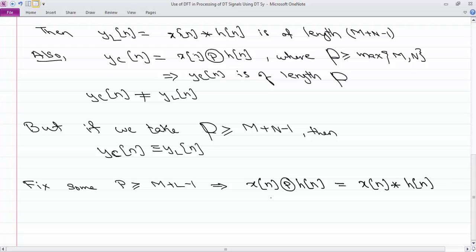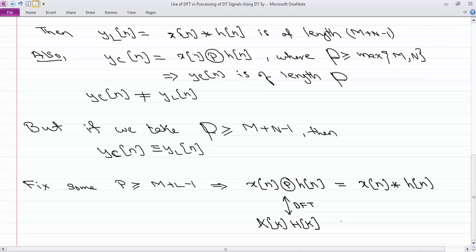And now the question of how we can use DFT for fast computations of linear convolution becomes simple, because we know from the convolution property that the DFT of this thing, the P-point DFT, is equal to X[k] times H[k].